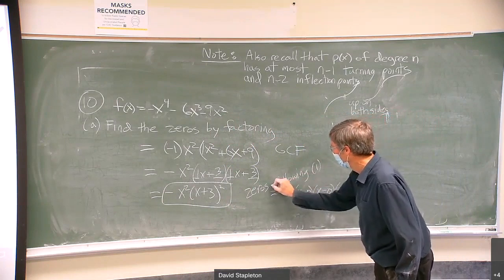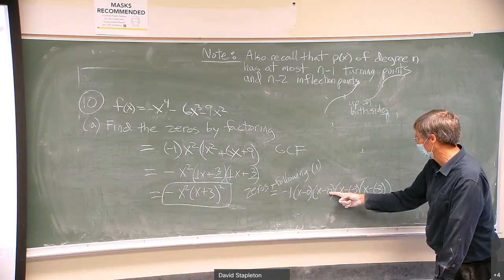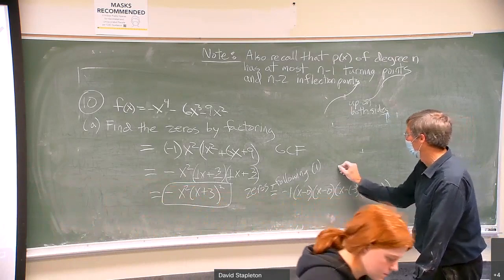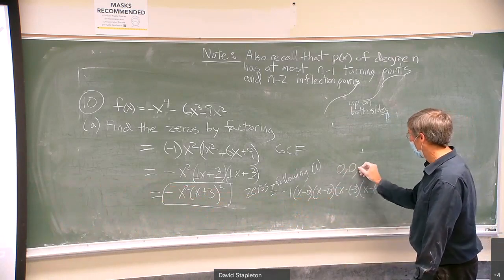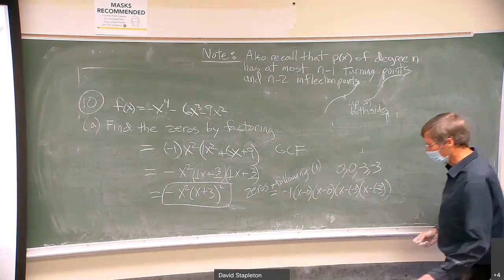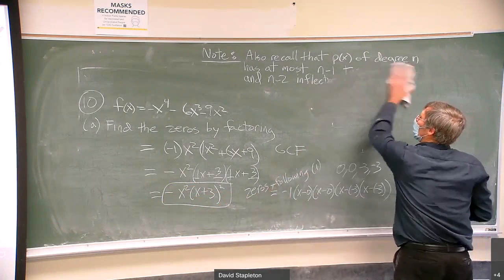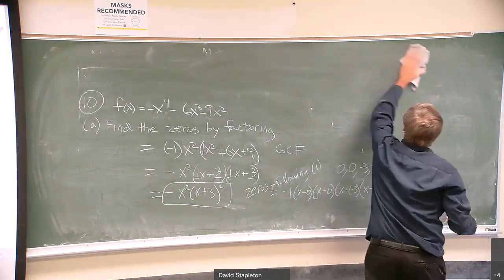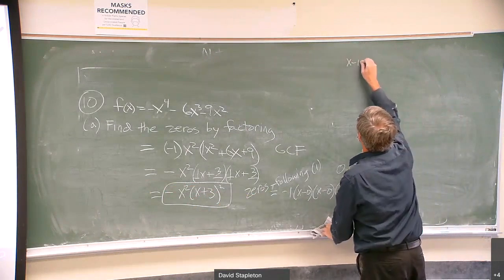And these are the zeros: 0, 0, -3, -3. 0 is a zero of multiplicity 2. -3 is a zero of multiplicity 2. So what do I know about the graph of this thing now? These are the x-intercepts, 0 and -3.